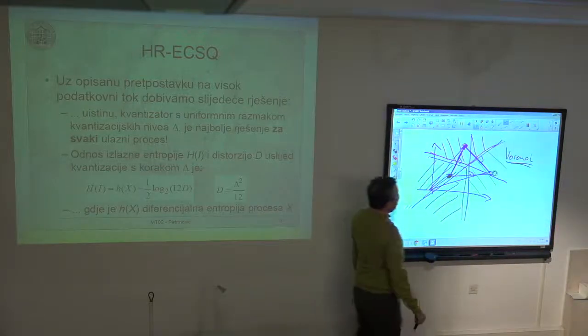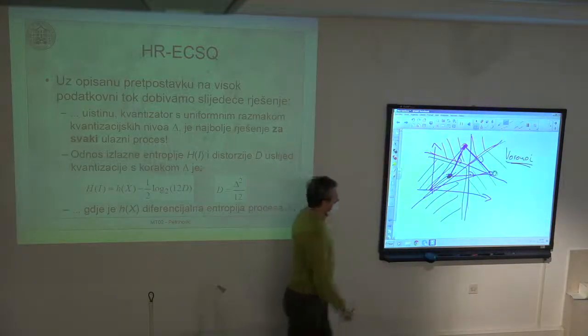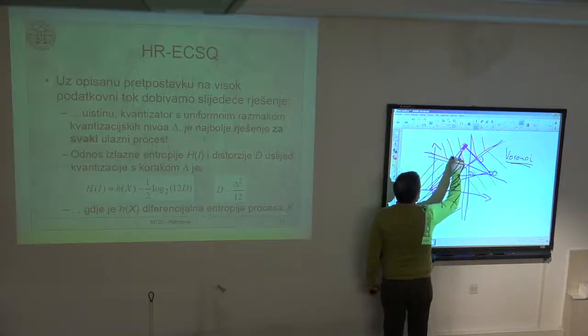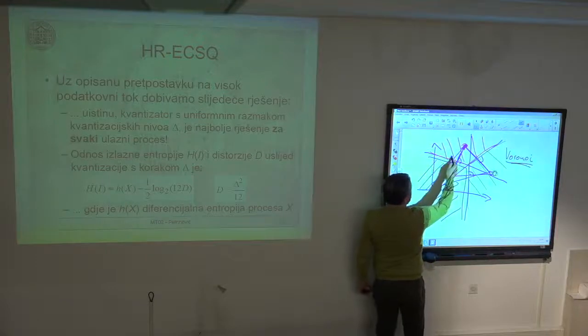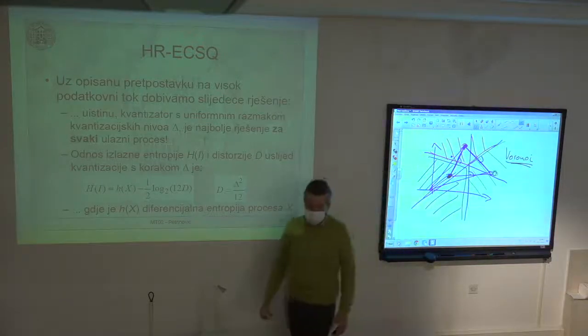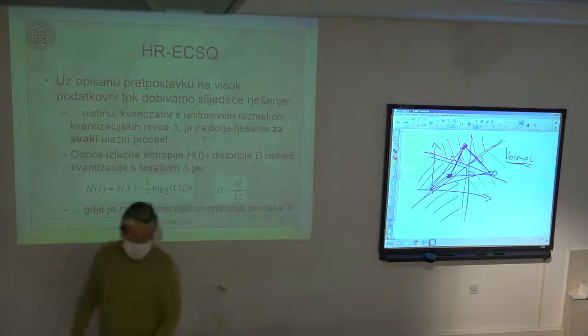So the criterion whether one point falls in any of these intervals is simply, okay, if the distance is closest to this one, then it's definitely a member of this red zone, red interval.